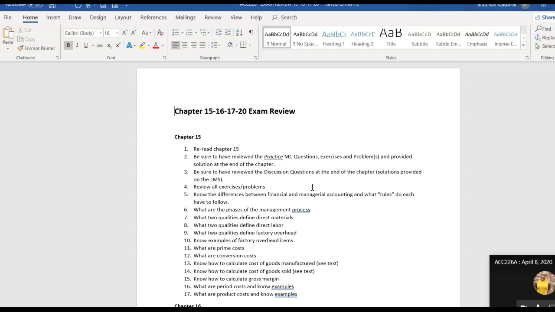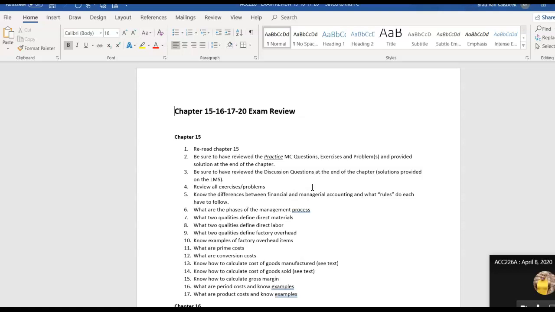Okay, before we move on to the exercises, does anybody have questions over 1 through 17 of chapter 15 here? Okay, if not, then I'm just going to move over to the exercises in the book. So exercise number 1 was, again, looking at what is a direct material, direct labor, or overhead, identifying that. Same with 2.